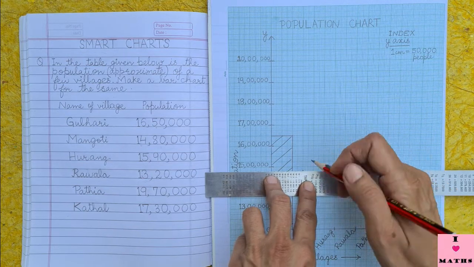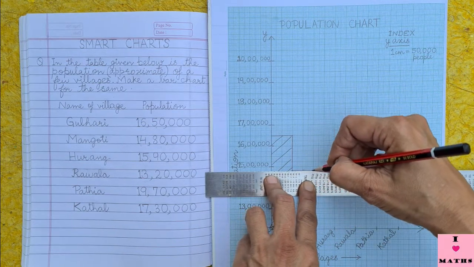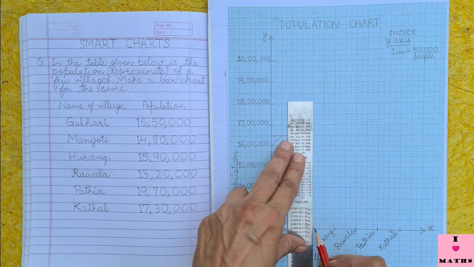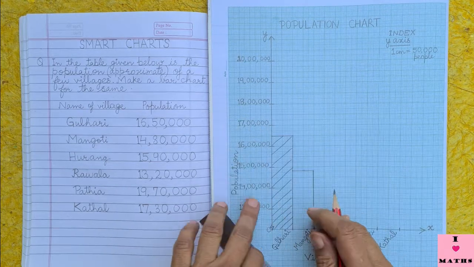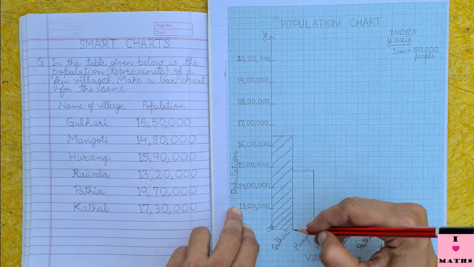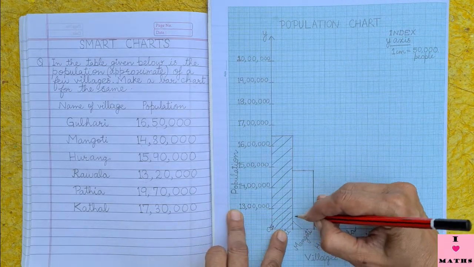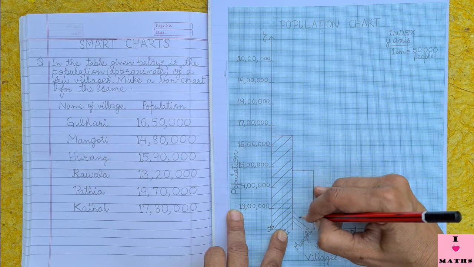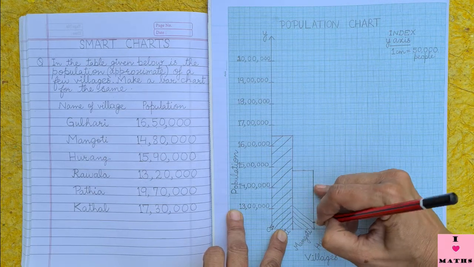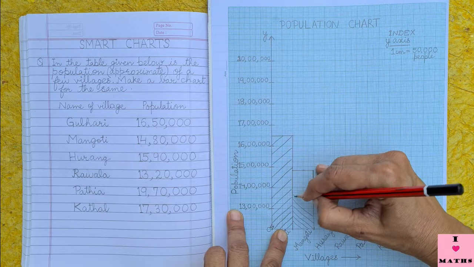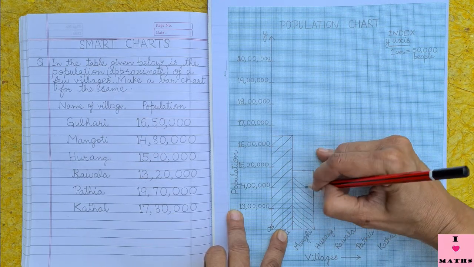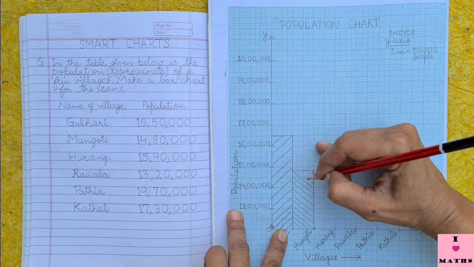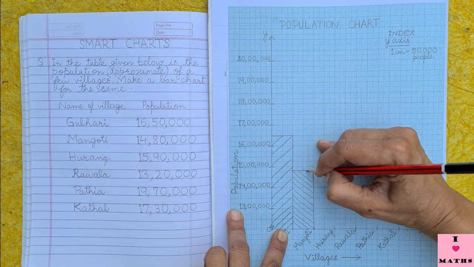So I am going to draw my bar here, 14 lakh 80,000. I will shade it in the reverse direction to demarcate it from the previous bar. This way we can come to know that these two are different bars.